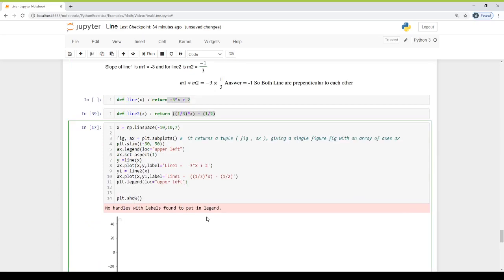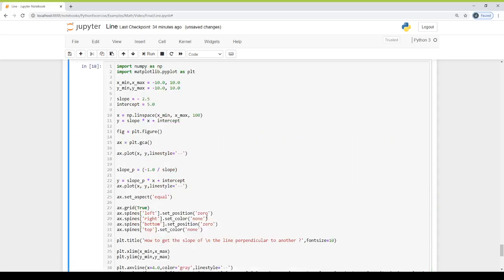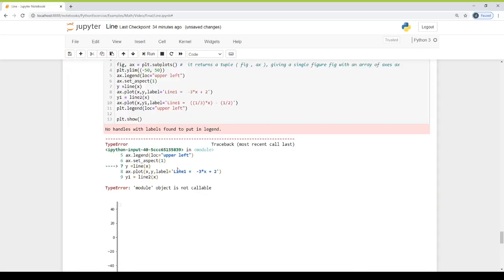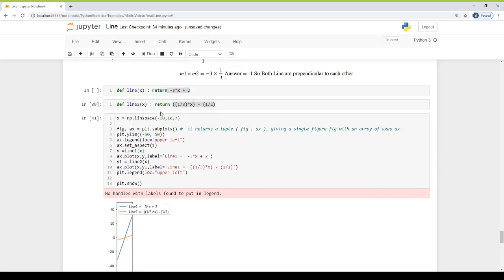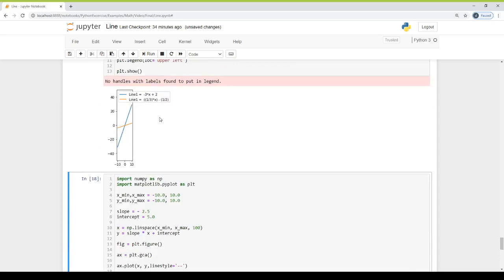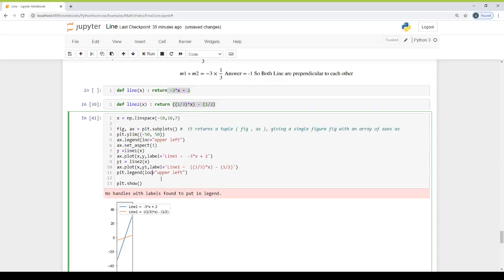So this is our legend, and plt.show, shift enter. Here we can see that line 1 is equal to -3x plus 2, this line and this line, and both the lines are perpendicular.